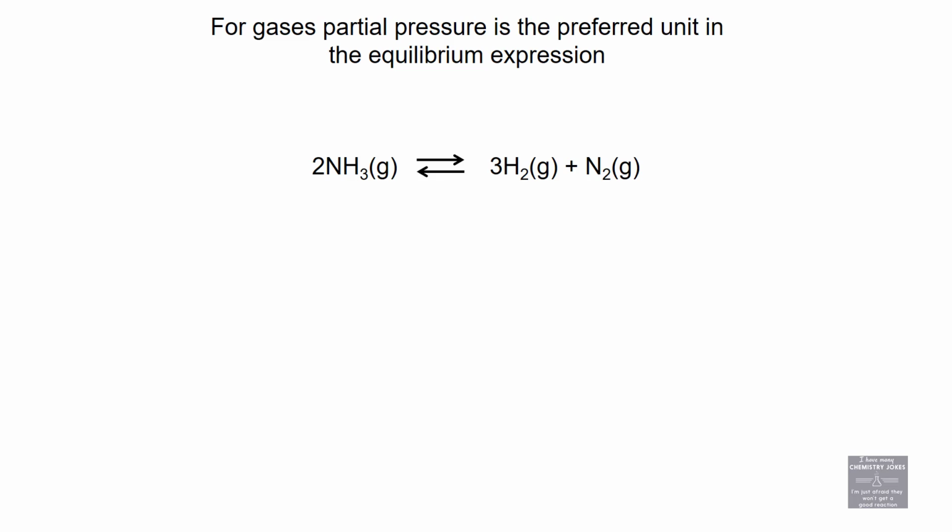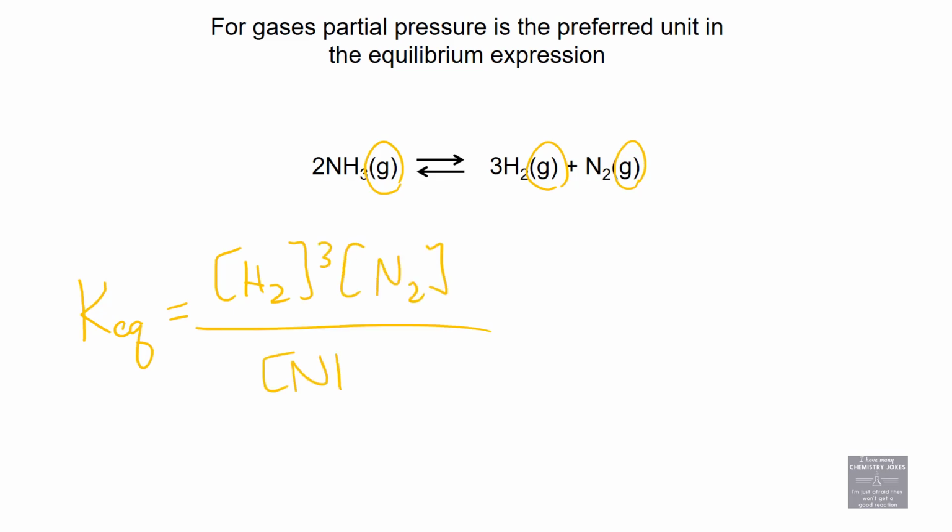For gases, partial pressure is the preferred unit of the equilibrium expression. Okay, cool. We got a gas, we got a gas, we got a gas. We could write a KEQ, and the KEQ would be H cubed times N2 divided by NH3 squared.